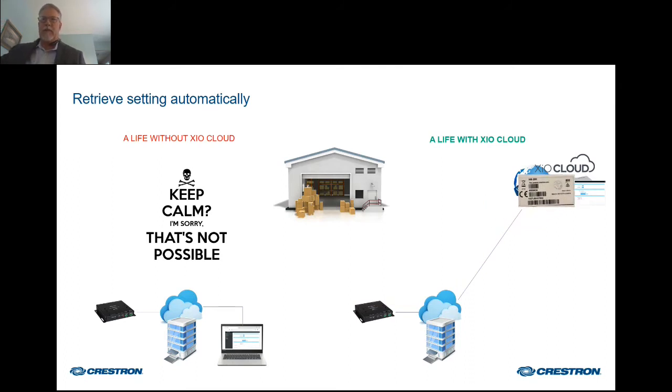Do you have any updates for me? XIO Cloud goes, yeah, you've been claimed, you've been configured. Here's your information. And all that can be done before you even receive it. So you can see how it could speed up your deployment schedules for your campus.